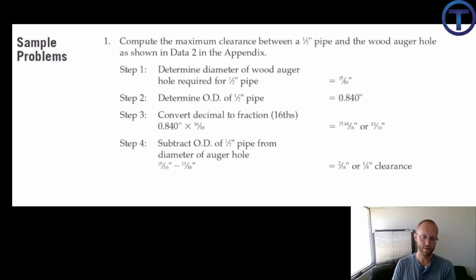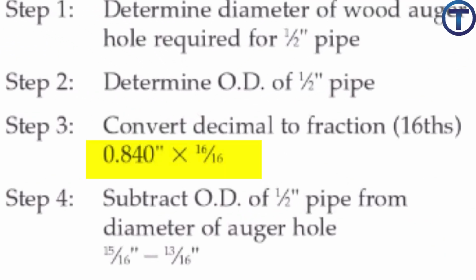We need to convert our decimal, which is 0.84 on the outside diameter, into a fraction of an inch, so that it can be subtracted from 15/16 of an inch. We can do this anytime by multiplying that decimal by 1.